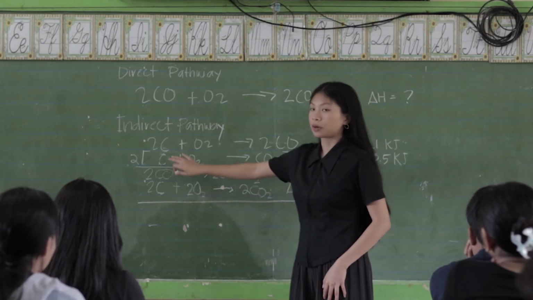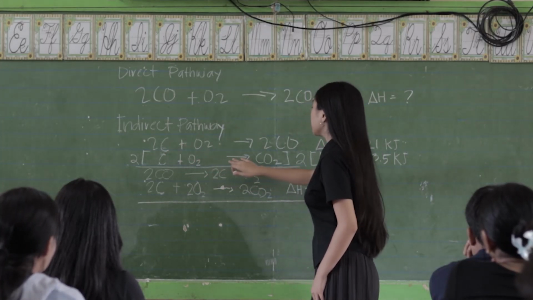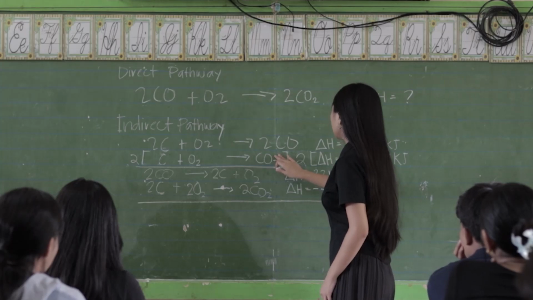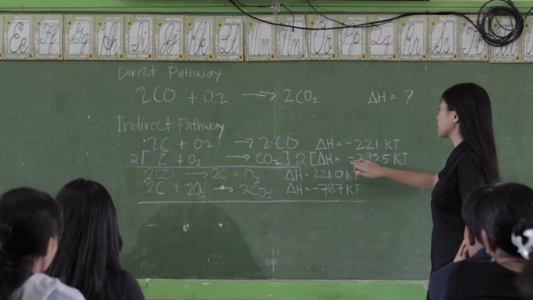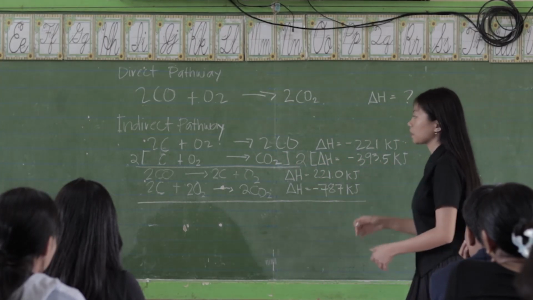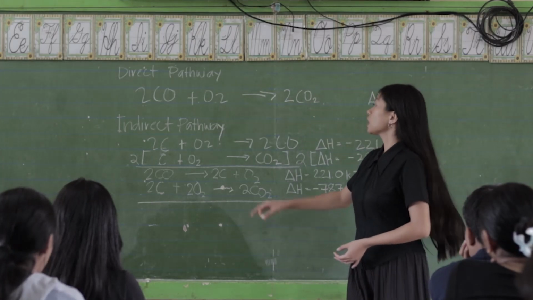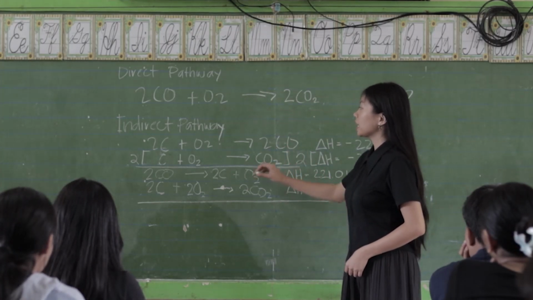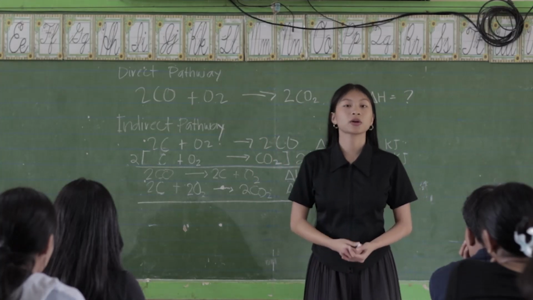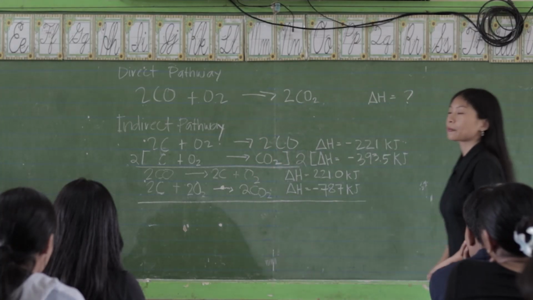And next is carbon plus oxygen gas yields carbon dioxide, which has an enthalpy change of negative 393.5 kJ. In order to proceed, we must manipulate the equations in the indirect pathway in order to match the equation in the direct pathway.